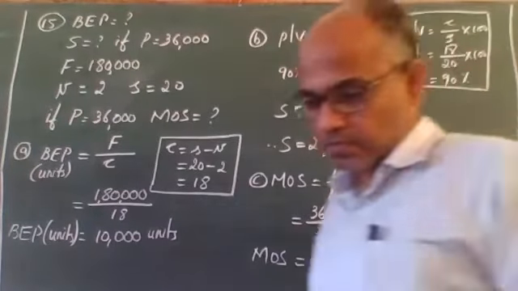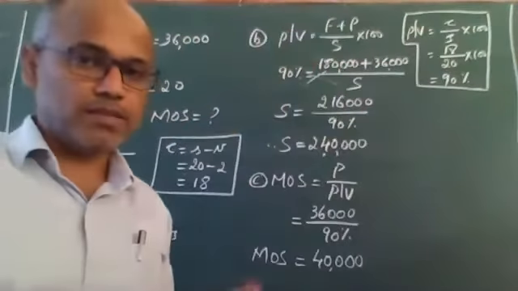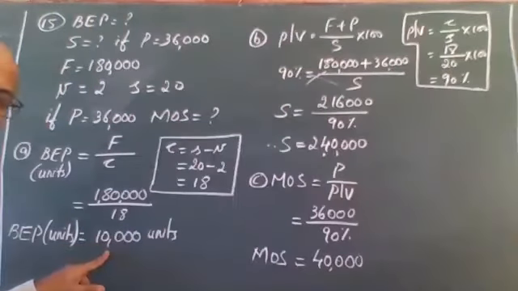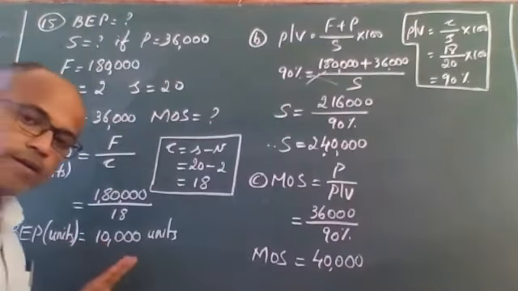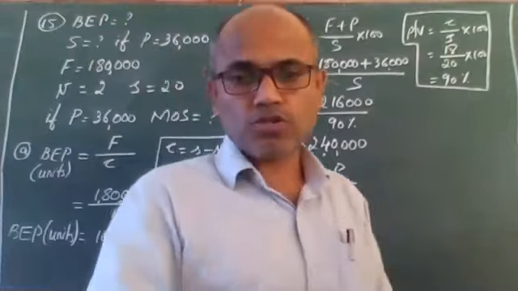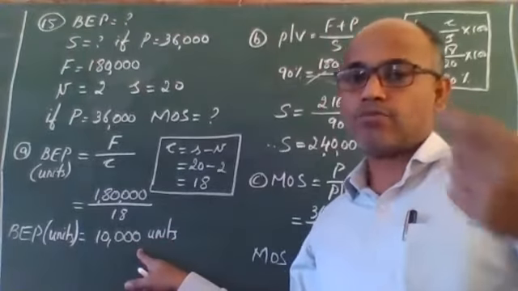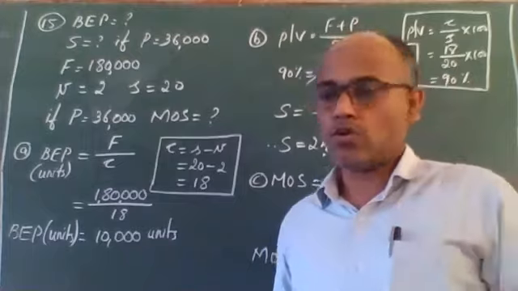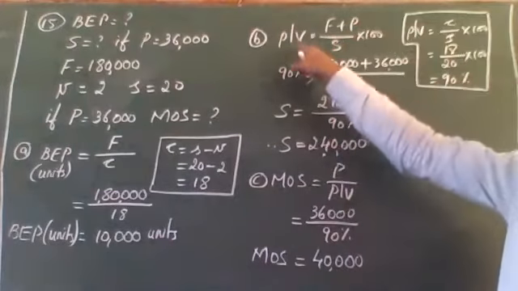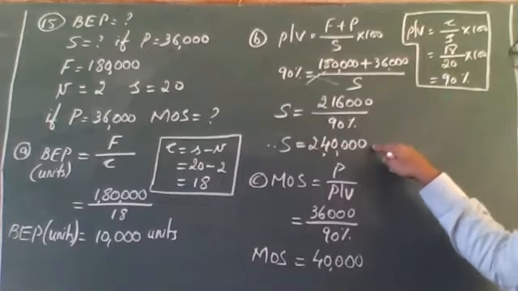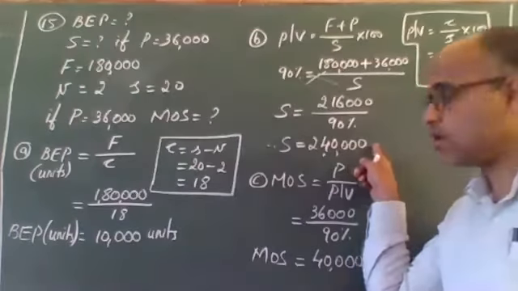Is this okay? So what do you understand by this? If you look at this, the company should sell 10,000 units to come to a point where there is no profit, no loss. Then if the company wants 36,000 rupees profit, the company should sell at least 2,40,000 rupees.